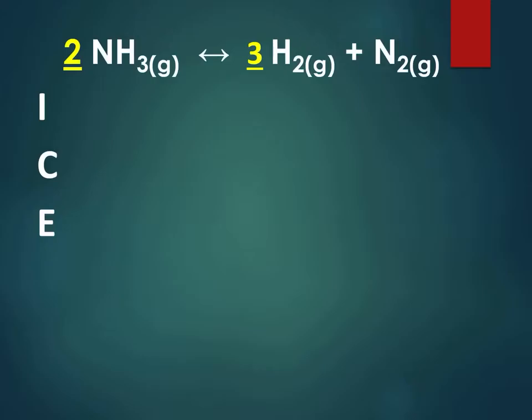So we have I, C, E: initial, what's the change, and what's going to happen at equilibrium. When you do an ice table, only concentrations. So we just calculated 0.2 molar ammonia initially, and it doesn't tell us anything about hydrogen, which means we have 0 initially, and then we have 0.08 molar nitrogen.